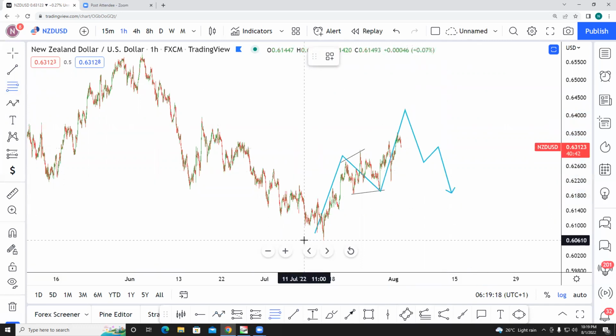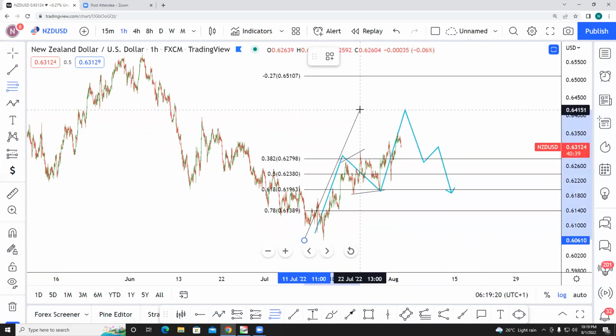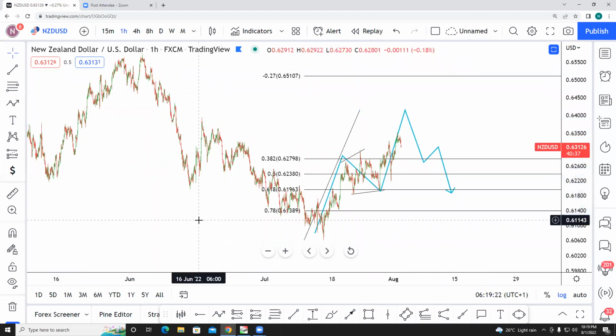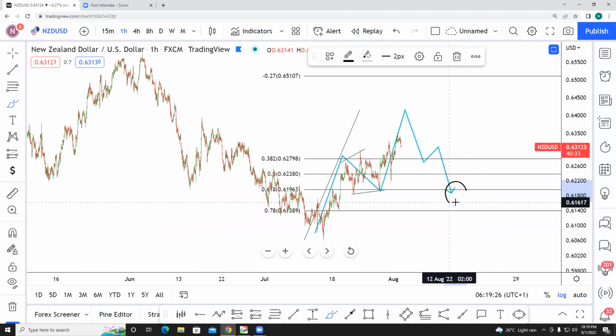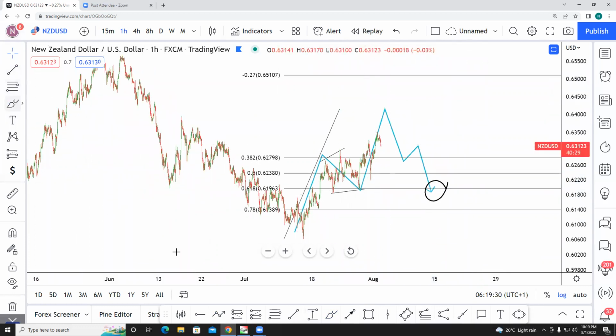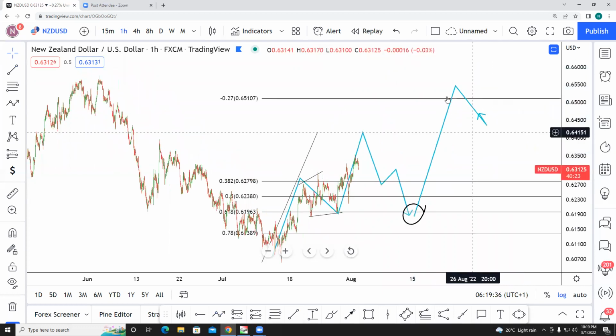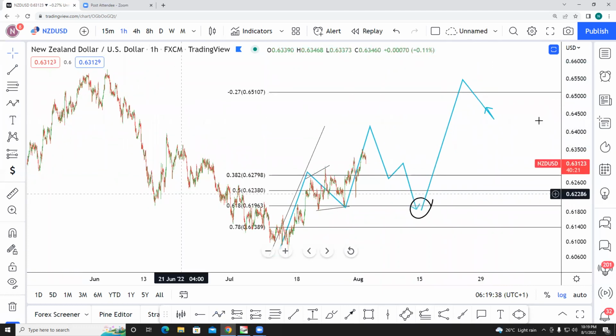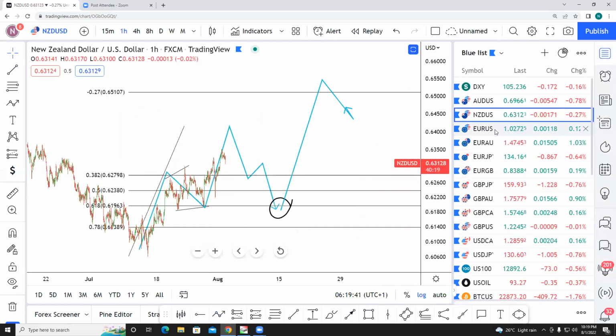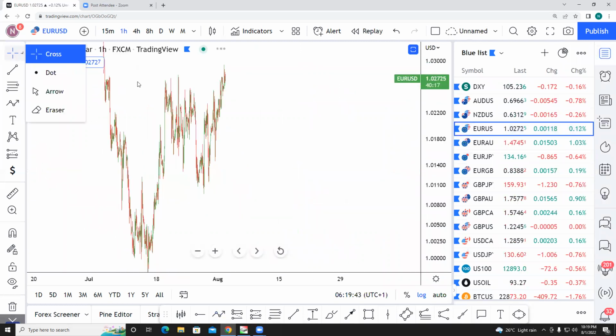So you just take a fib this way, and then 50 to 61.8. From there, you have a move to the upside. Simple. You get it? So that's what we're expecting on NZD USD.